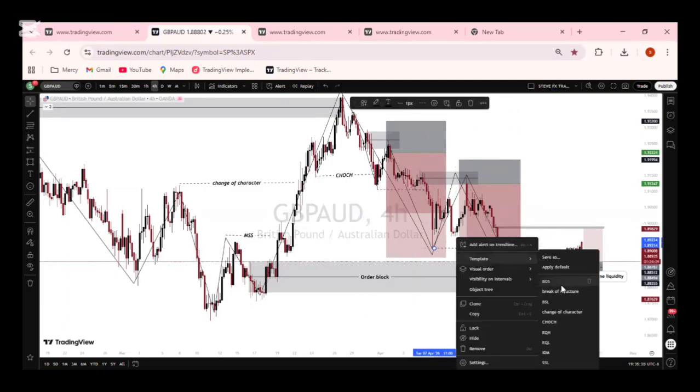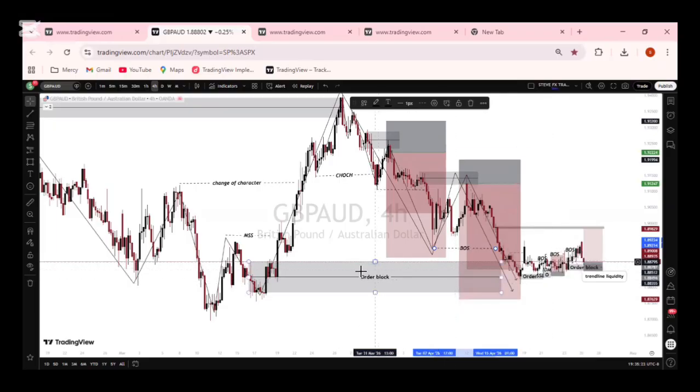But what you are not seeing is that markets has reacted to your higher time frame point of interest. We have a change of character over here, which means that the actual direction of the market is bullish.